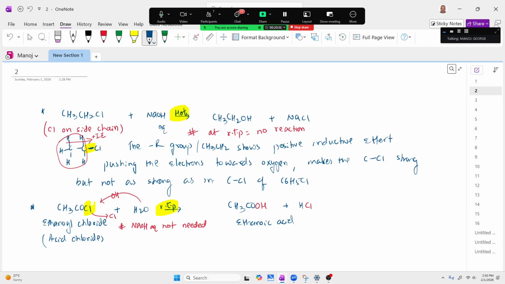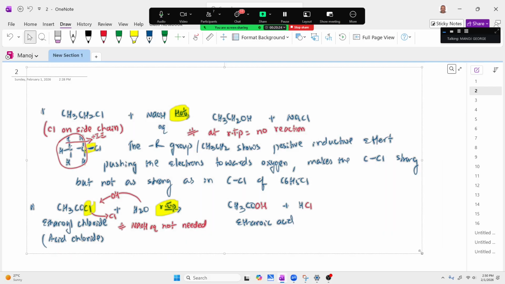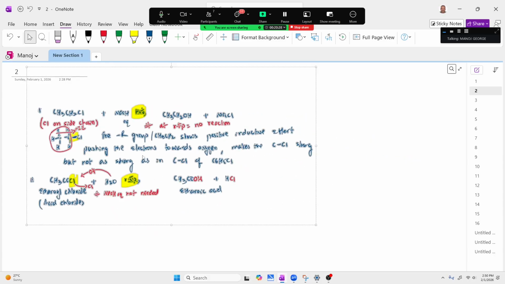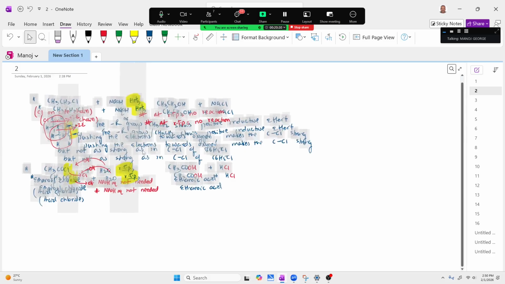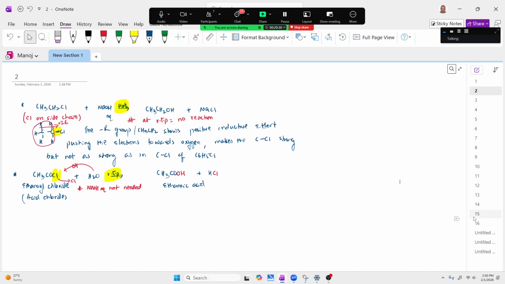But then we have to understand, so why is this reaction happening so comfortably? There must be some reason behind it. Do you have any suggestions why this could be happening so easily? Why do the acid chlorides undergo this reaction very easily? What do you think? Any idea?